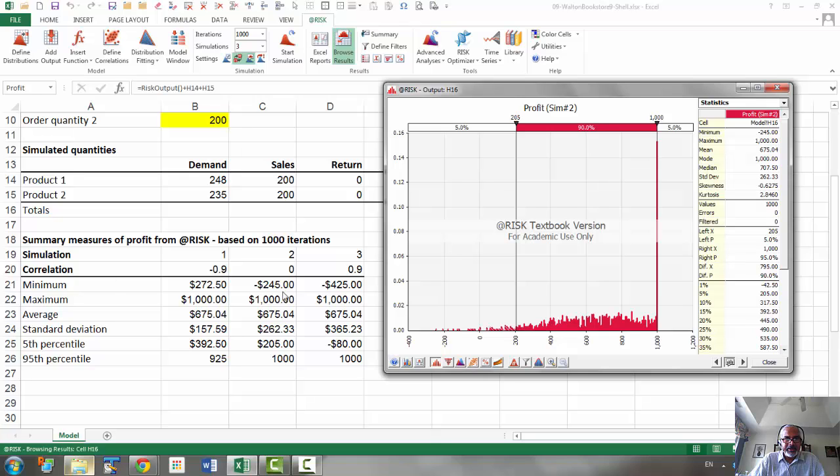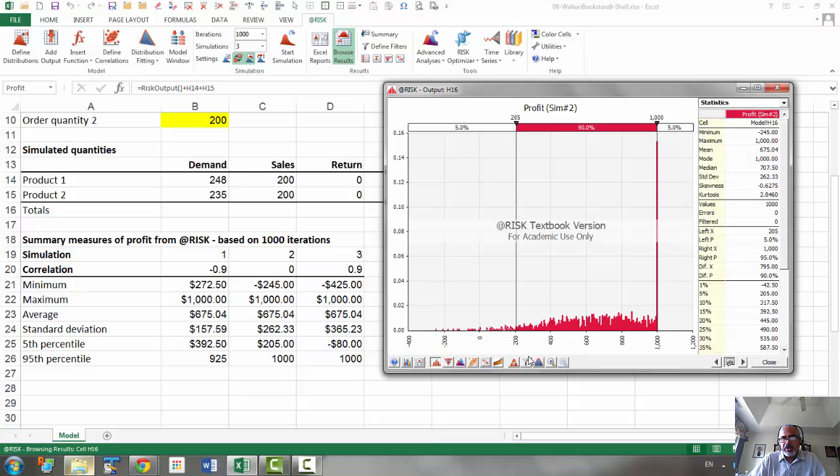And you can see that the spread between the fifth and even the minimum and the maximum is larger for the second and the third case.